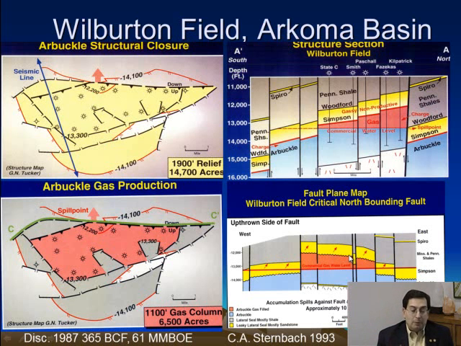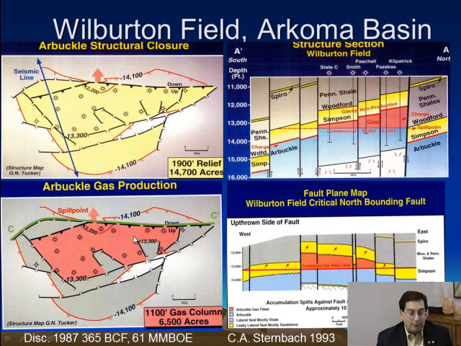So to zoom in on the Wilburton Field, it's in Latimer County, Oklahoma. Mapping the structural closure at the red horizon, which is the unconformity, the top of the Arbuckle, which is the base of the Simpson, the sandstones above it, it's very clear that there's a very large 14,700 acres of closure with 1,900 feet of relief mapped on this surface.